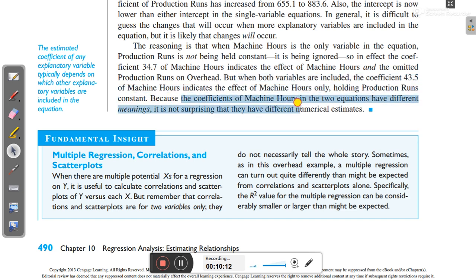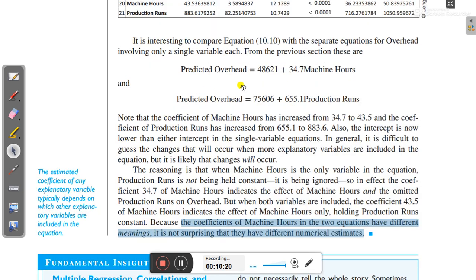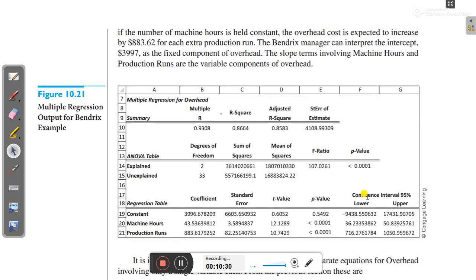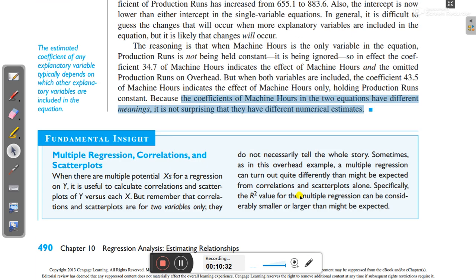Because the coefficients of machine hours in the two equations have different meanings, it is not surprising that they have different numerical estimates. In this equation production runs is omitted or ignored, but here it is included. So the meanings of these equations are different.